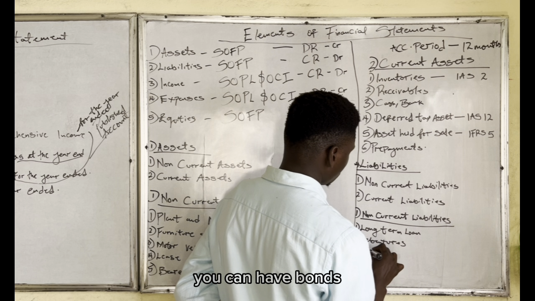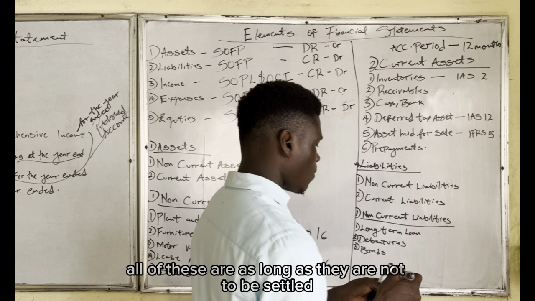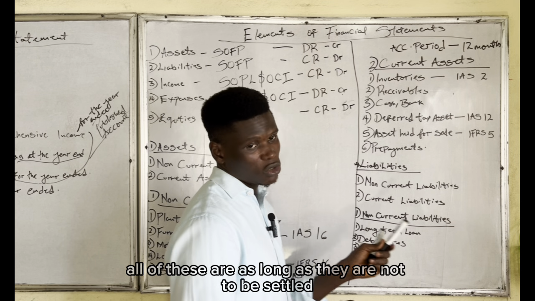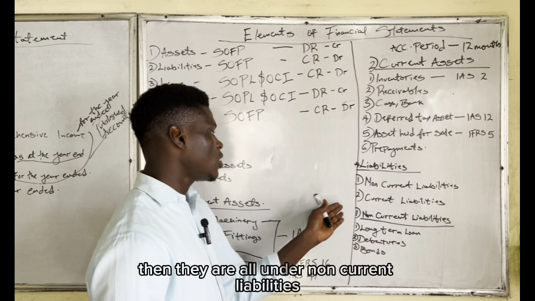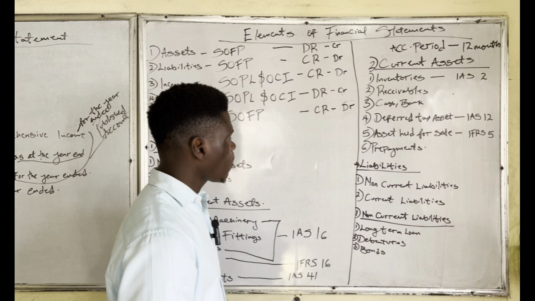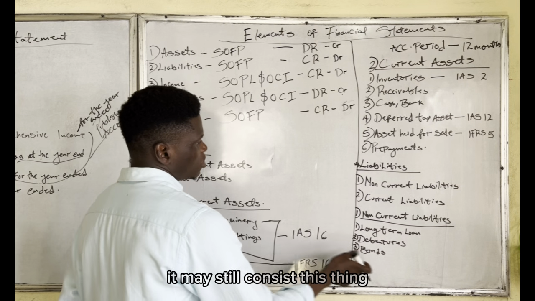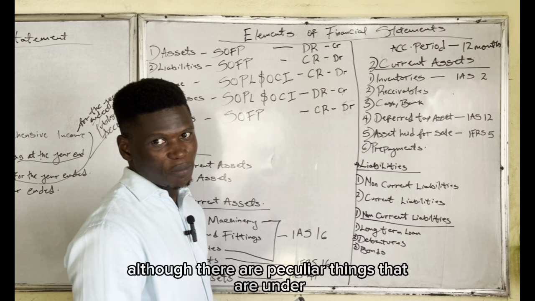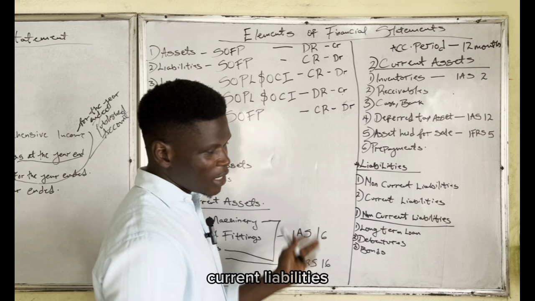You can have bonds. All of these are, as long as they are not to be settled within an accounting period, then they are all under non-current liabilities. Then current liabilities, on the other hand, like I said, it may still consist this thing, although there are peculiar things that are under current liabilities.